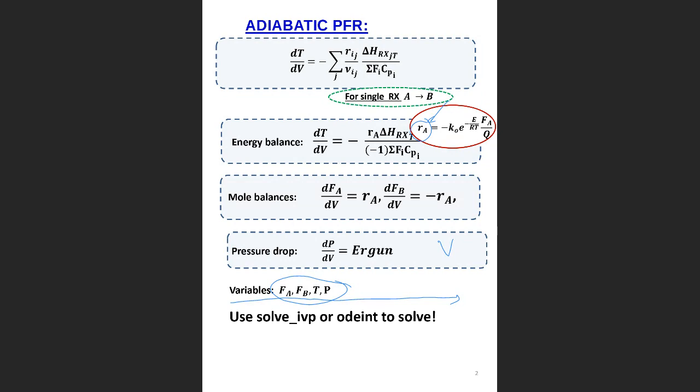I have my K value, that's a dependent variable. I have my concentration, that's a dependent variable. I have the volumetric flow rate, that's a dependent variable. And I can add here variables that I want to return differential equations for. What I mean by variables is the ones that I'm going to feed into my differential equation function: the independent variable and variables for which I am going to return differential equations.